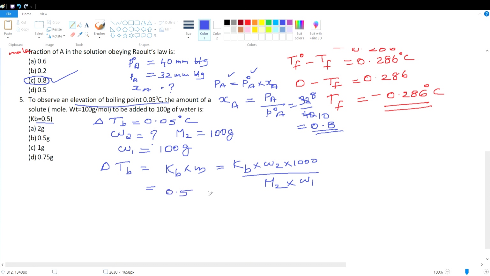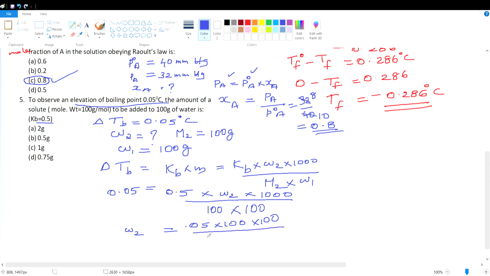Kb is 0.5 into W2, which we need to calculate, into 1000 divided by M2, 100, into W1, that's also 100. Delta TB is given as 0.05. So W2 will be equal to 0.05 into 100 divided by 0.5 into 1000.